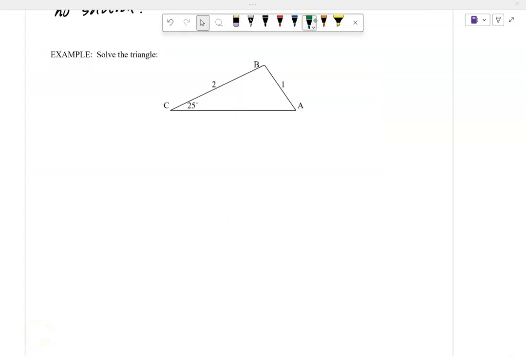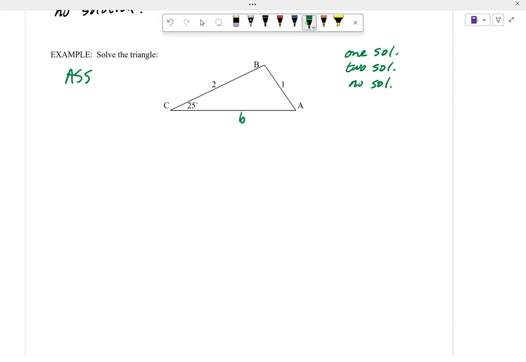All right, next one we've got an angle, a side, and a side again. Angle, side, side. Another pain in the ASS, right? So we got the ambiguous case. So we got to decide, is it one solution? Is it two solutions? Or is it no solutions as we work through this, right?